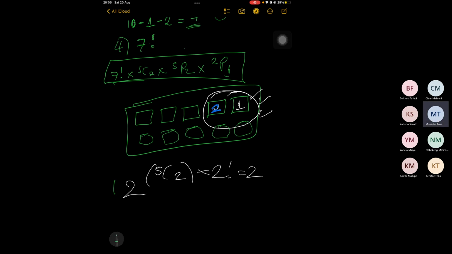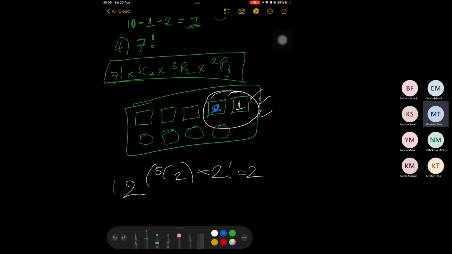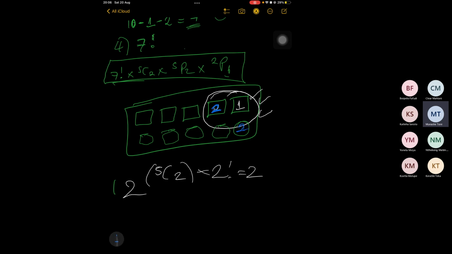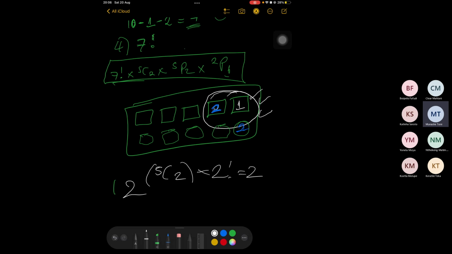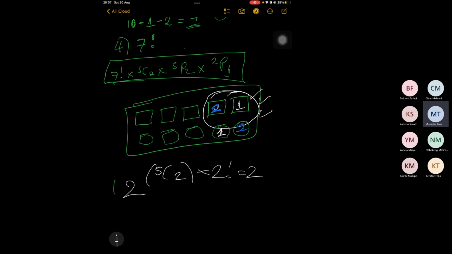So this can be VW number 2 and then this can be VW number 1. These are the 2 ways in which we can arrange them. But here I just assumed we take these 2, when it can be any 2 positions. It can be this position and this position, or this position and this one, you see.